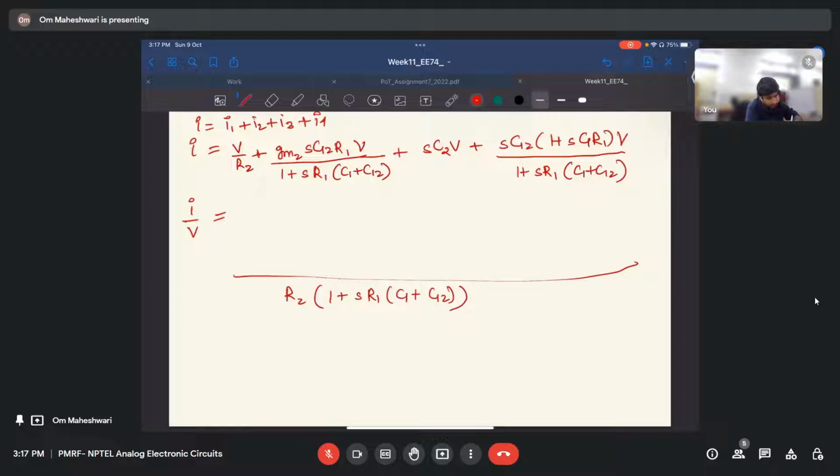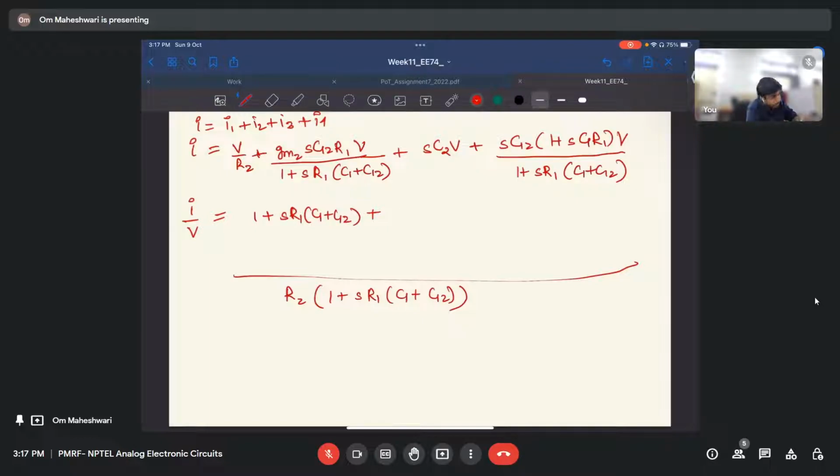Now what will the numerator be? It will be V times this. It will be this into R2. Here this into both these two terms, here this into only R2. So let me write all these terms. First is 1 plus SR1 C1 plus C12.